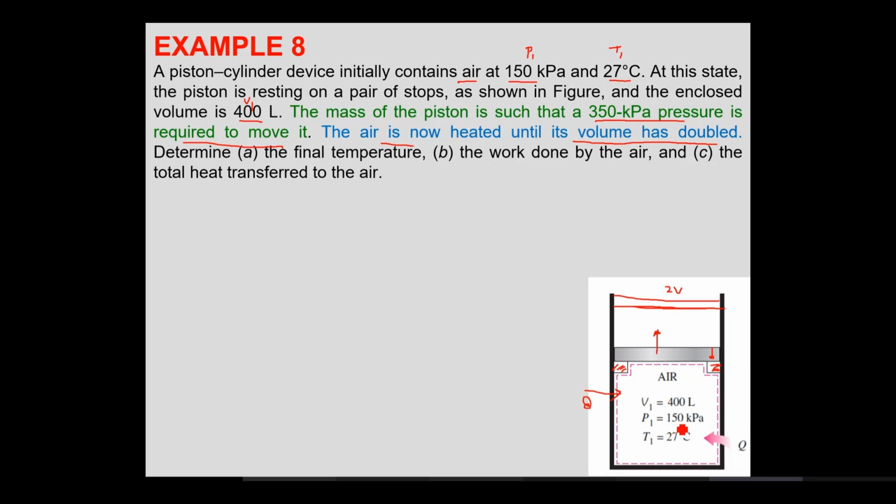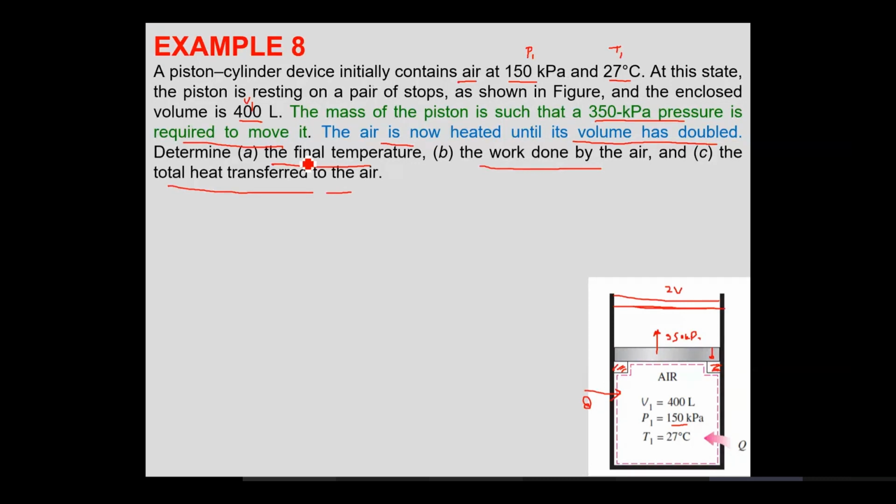Once the volume has doubled, you have to find the final temperature, the work done by the air, and the heat that has been transferred to the air, which is causing this change in volume.